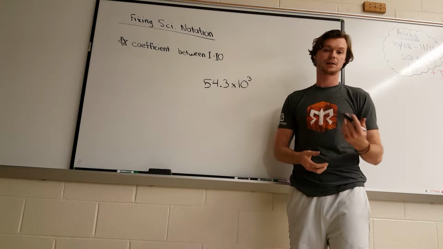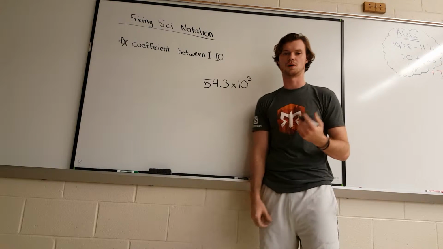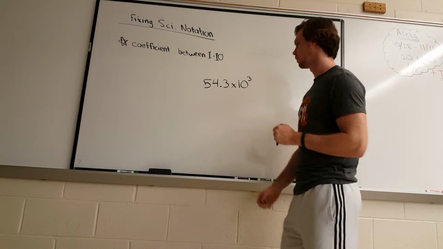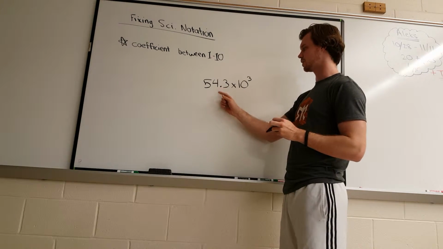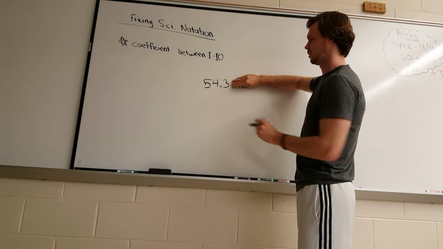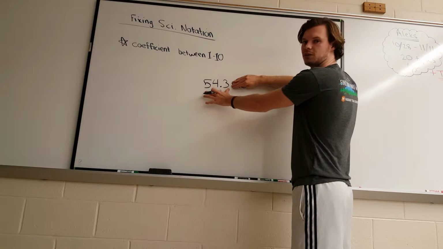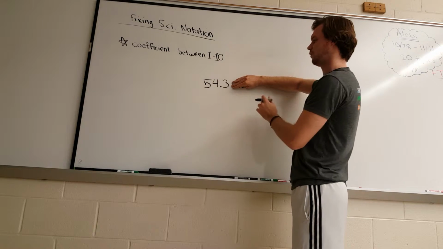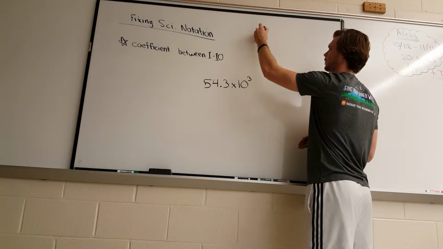So there's a lot of different ways to think about this, but I'm going to just show you one in this video, maybe two. So first way I'm going to tell you is, ignore this for 1 second. Let's put this number in scientific notation. Let's just put 54.3 in scientific notation.